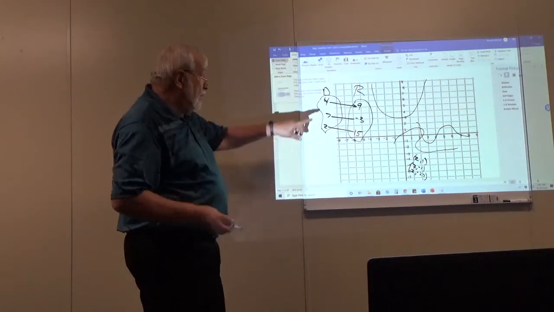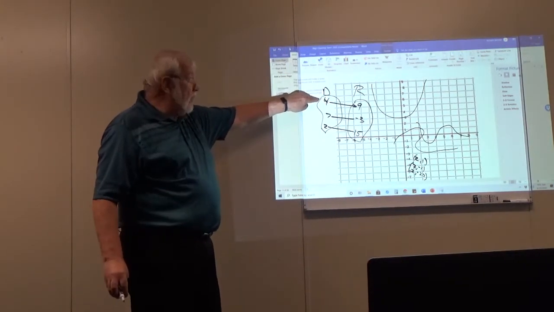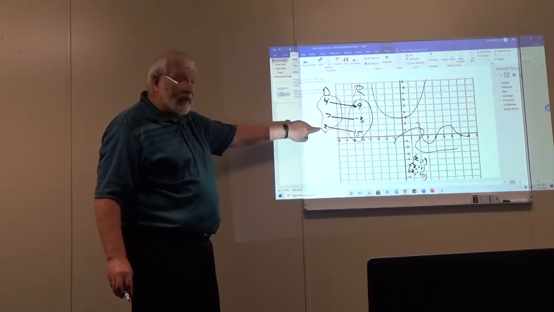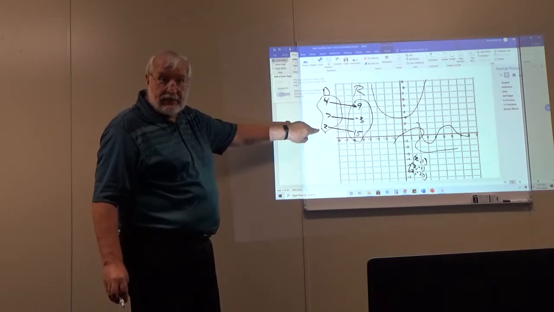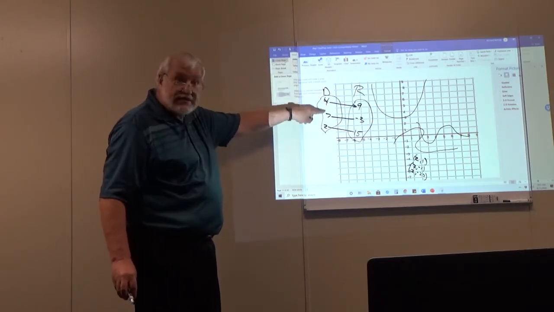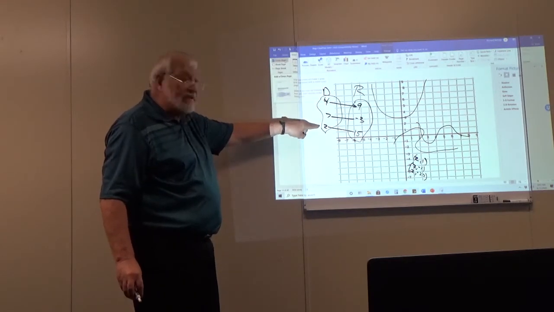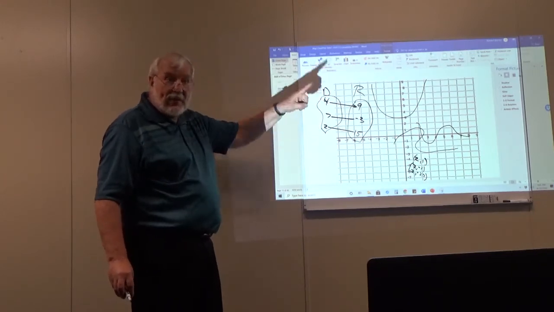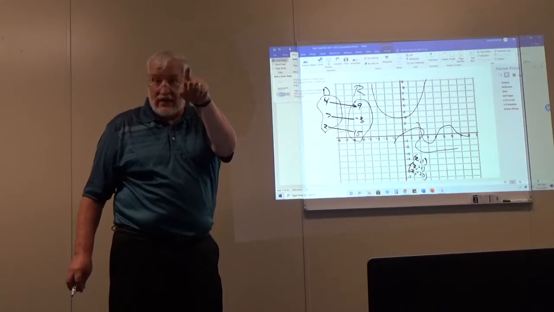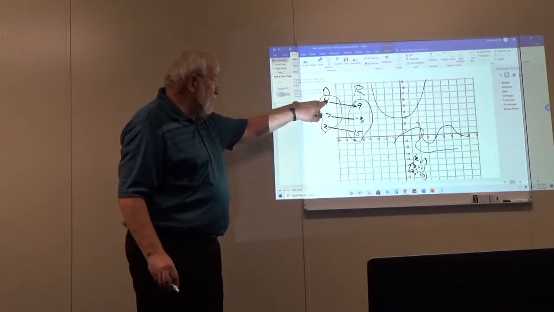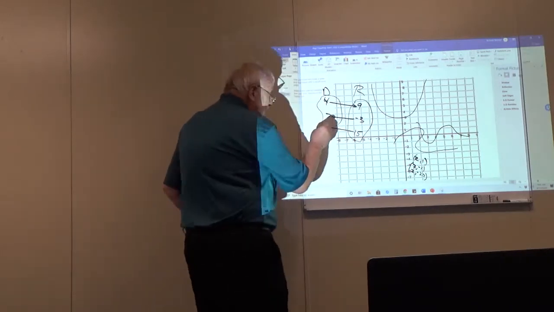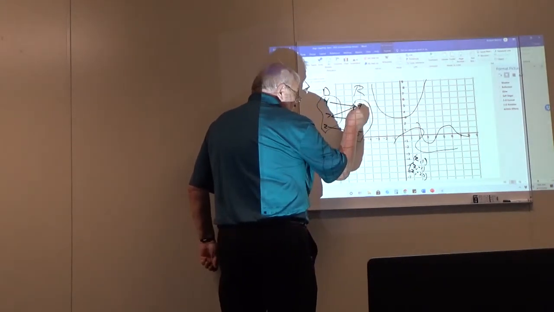Okay. The points 4, 9, 7, -3, 2, 15. All right. If you look at this, there are 3 numbers in the domain. Each number in the domain has 1 arrow leaving it going to the range. So that means that this is a unique relationship. What would happen if I had this?